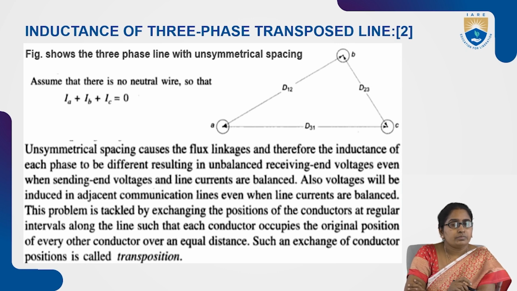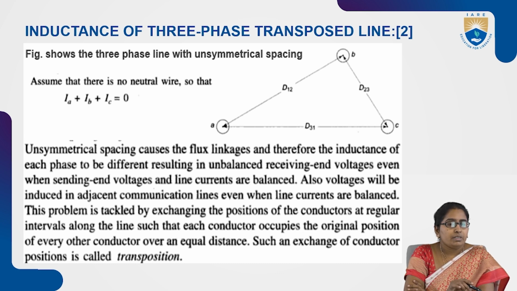Then we can say that IA plus IB plus IC is equal to 0, as in a balanced three-phase circuit. If there is no neutral current, the sum of the three-phase currents is equal to 0: IA plus IB plus IC is equal to 0.